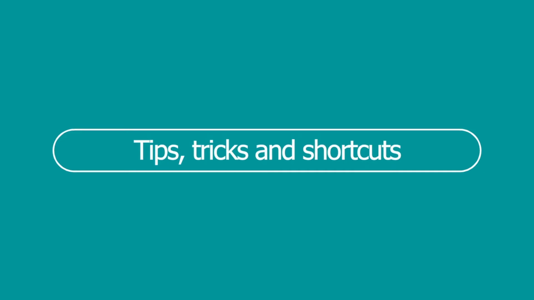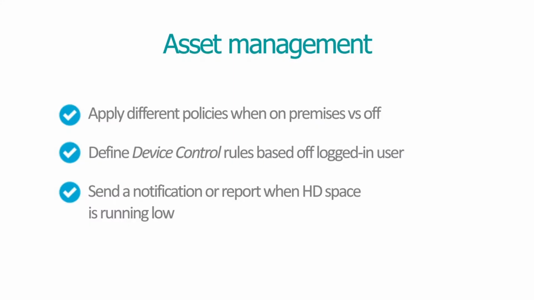So, tips and tricks and shortcuts. When it comes to asset management, there's a lot of things that we see companies do, such as they'll apply different policies when on-premise versus off-premise. They'll also define device control rules within ESET, which are ways that we can control which devices can be plugged into systems, like flash drives or cell phones.